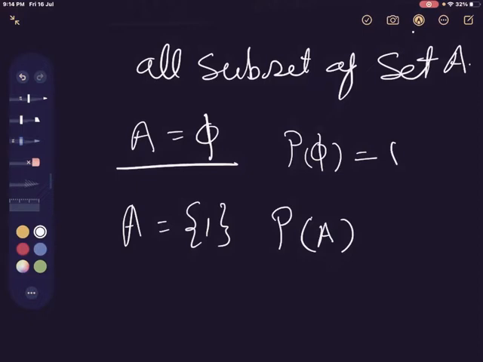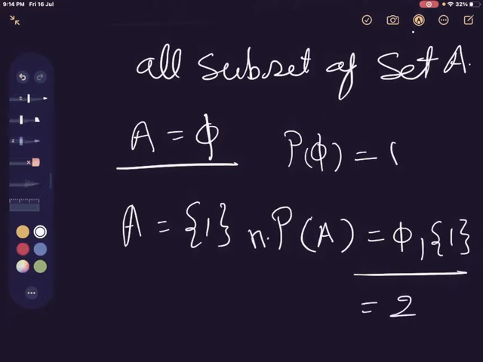Phi is there, and then this set is there. Anything else? No, these two are the only elements of this set. So there are two elements. Let's put it this way: the number of elements in P of A is 2.